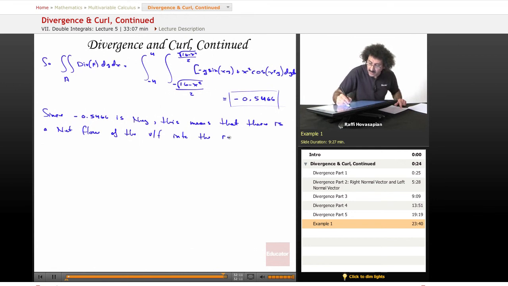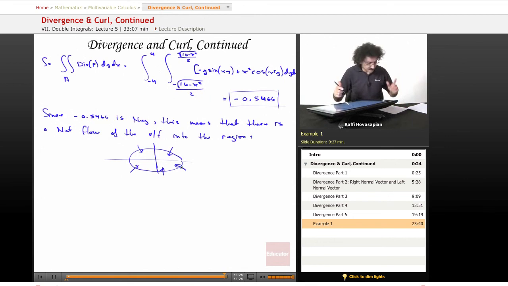In other words, the vector field as a whole is contracting.